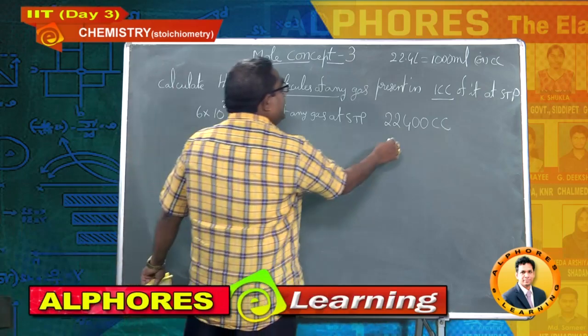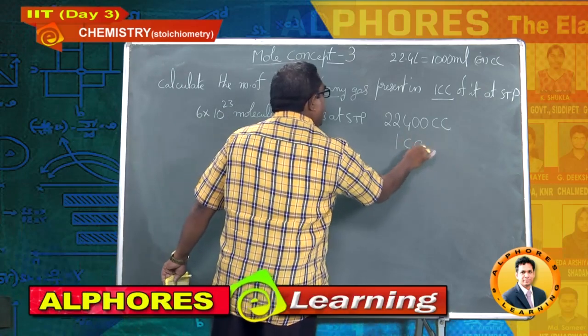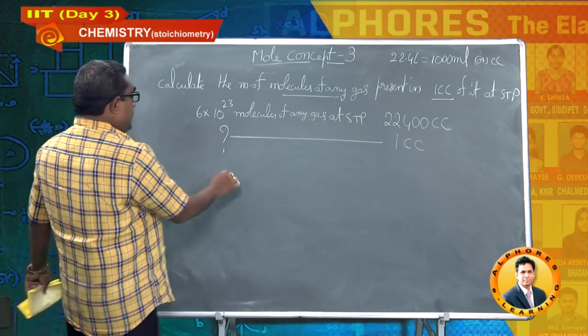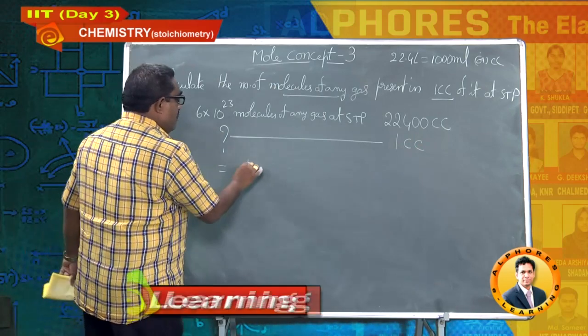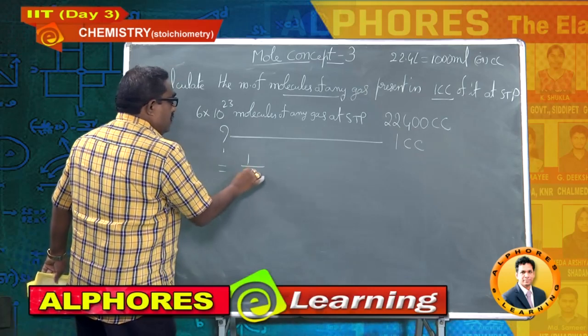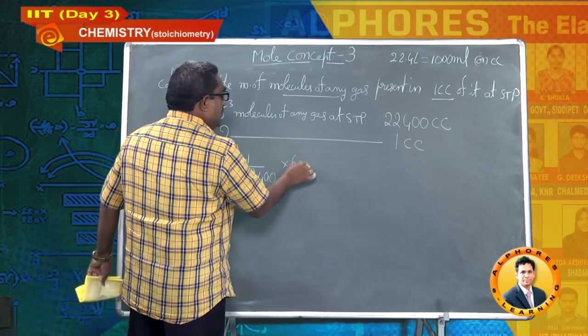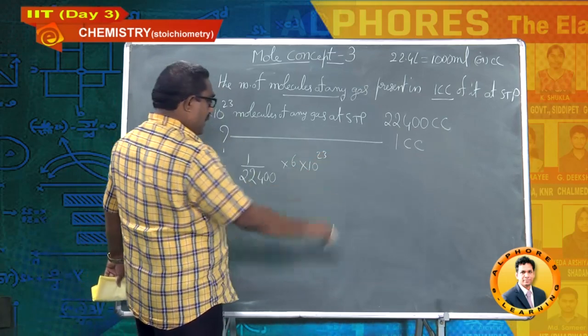Then he is asking you to calculate the number of molecules present in 1 cc. That is 1 by 22,400 into 6 into 10 power 23.